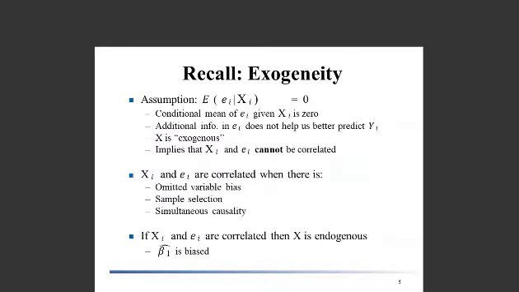So just recalling what exogeneity means here: the conditional mean of the error term given Xi equals 0, meaning that any additional info in the error term does not help us better predict Y. Xi and ei are considered correlated when there is omitted variable bias, sample selection, or simultaneous causality. And if Xi and ei are correlated, then X is considered endogenous, which would make beta 1 hat biased.